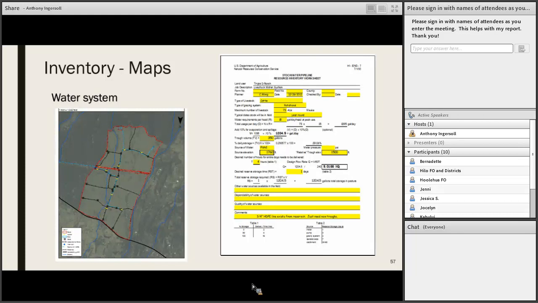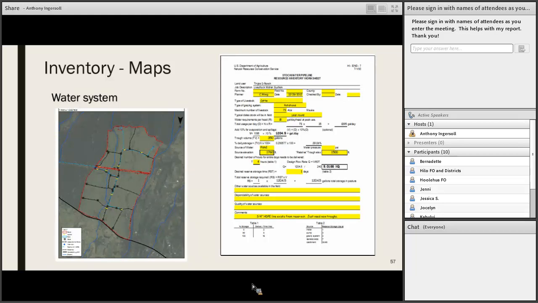As you go through this worksheet, it's going to ask you for the type of livestock. It asks you for the type of grazing system. And then next it asks for the maximum number of livestock. Me personally, I like to work in animal units. This spreadsheet is from Susan Kubo, so she had already converted it to animal units.